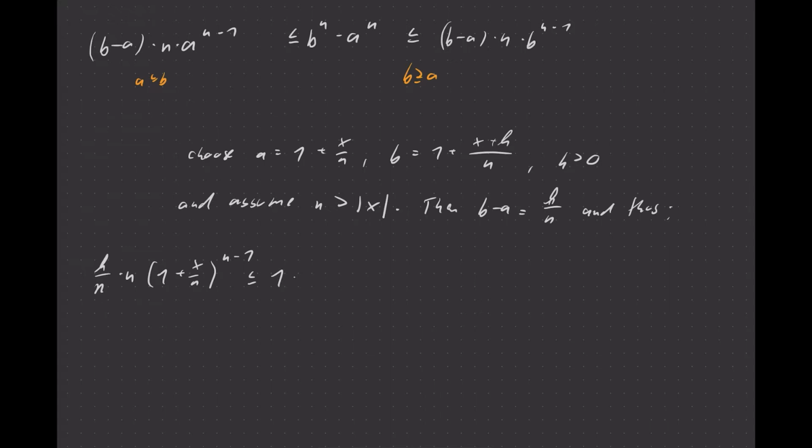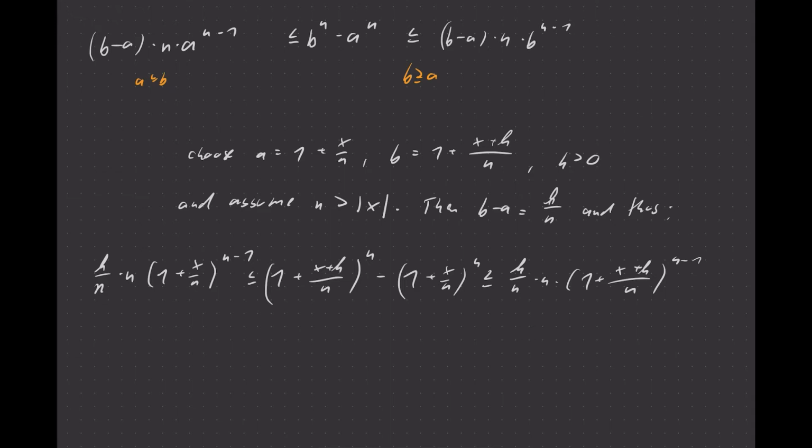So b to the n is 1 plus x plus h over n to the n minus a to the n, 1 plus x over n to the n. And on the right-hand side here, we get, again, b minus a, which is h over n, and then we have n times b to the power of n minus 1. So times n times 1 plus x plus h over n to the power of n minus 1. So this is what the inequalities here provide.